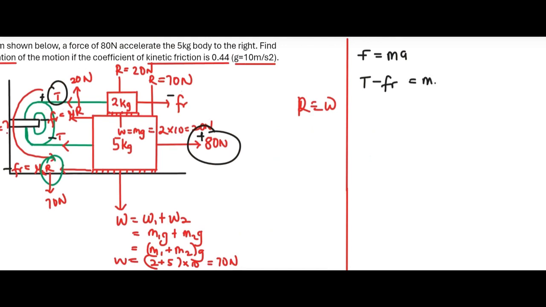The M here is your first mass, which is M1 A. So for the next equation, or before that, let's expand this to be mu K R equals M1 A, where your R is equivalent to W, and R is the same thing as 20 newtons, right? So I have this as my equation 1.